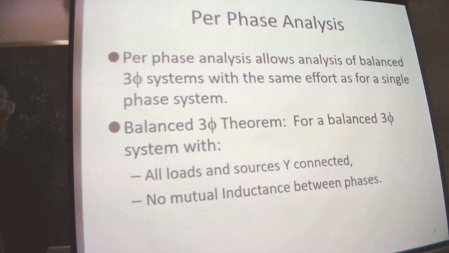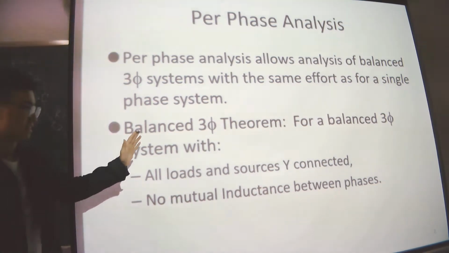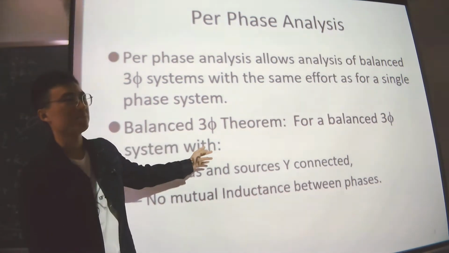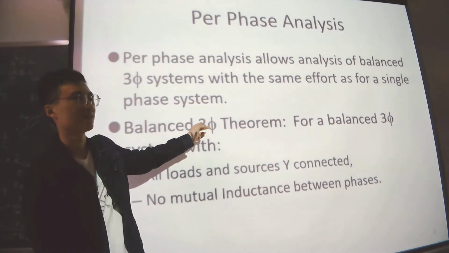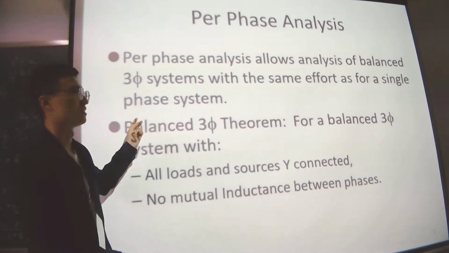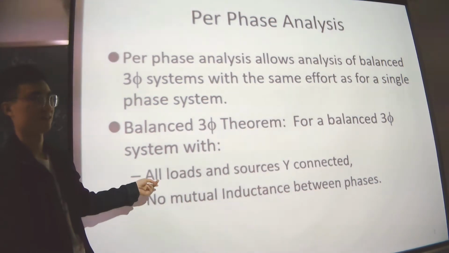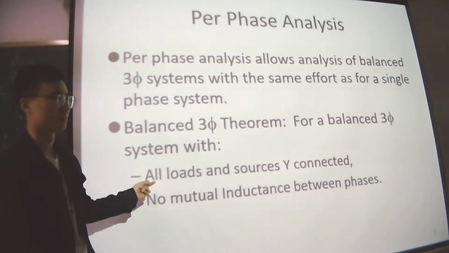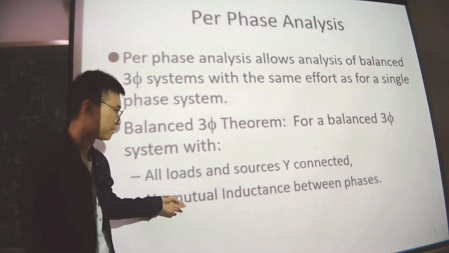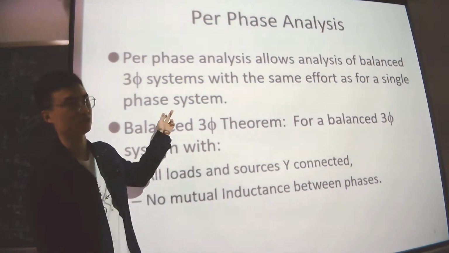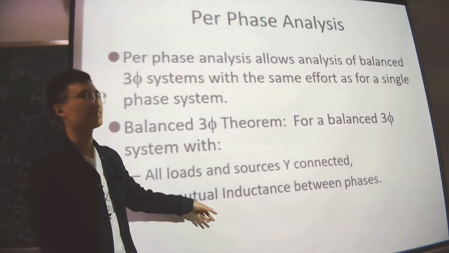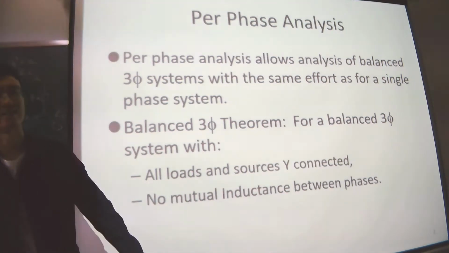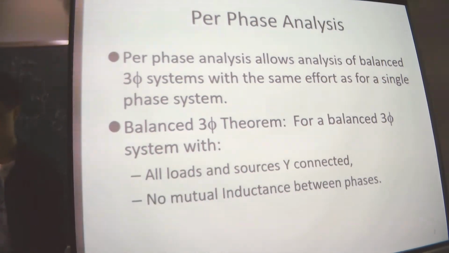In that case, the impedance of phase A may affect the impedance in phase C. That is the mutual inductance between these two phases. So in today's class, we assume that there is no mutual inductance here.